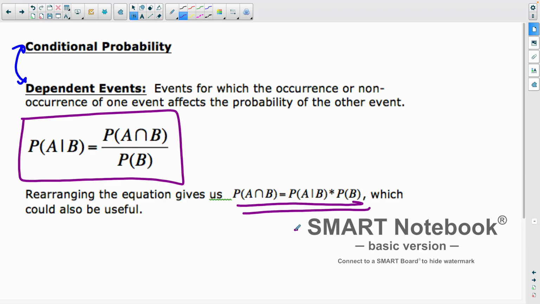Normally this manner is the way that we use it in a lot of problems. Now, what's the symbol in there that looks kind of weird? The vertical bar right there. Now this means given. So if I were to read this, it's the probability of A given B. The probability that A occurs given that B occurs.